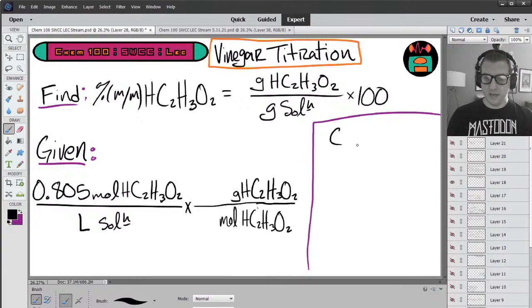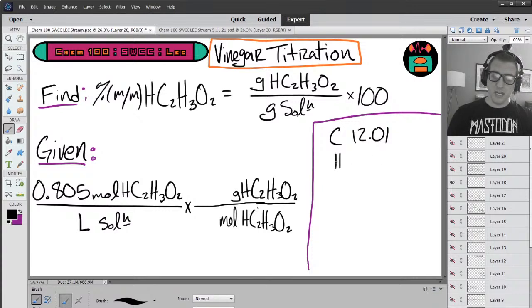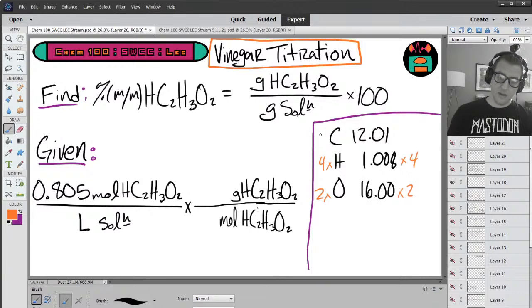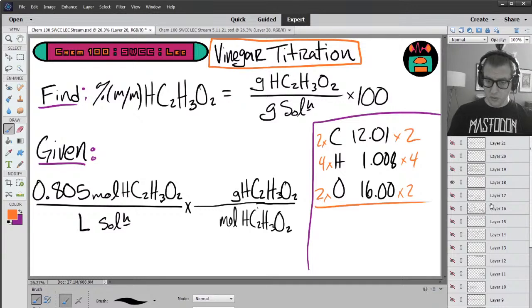Carbon has an atomic mass of 12.01, hydrogen 1.008, oxygen 16.00. There are 2 oxygens in this molecule, 4 hydrogens, and 2 carbons. So we have to multiply each of these numbers accordingly.